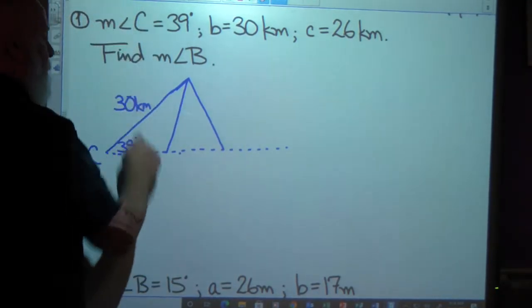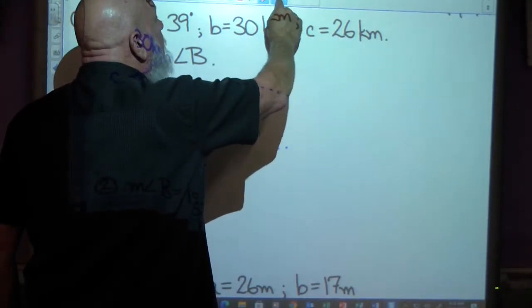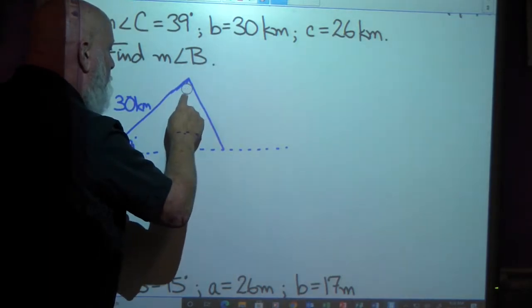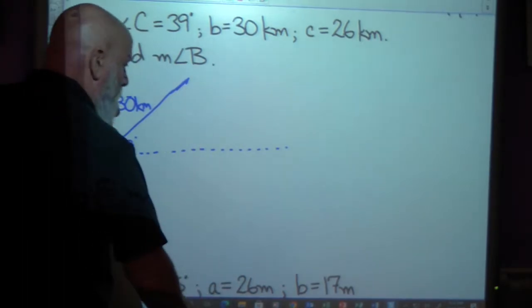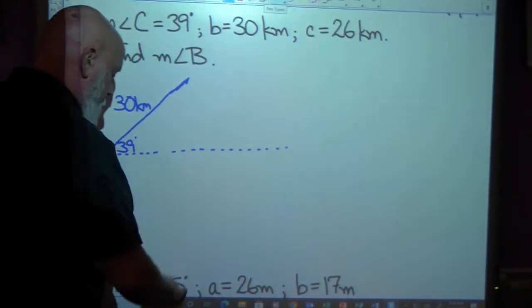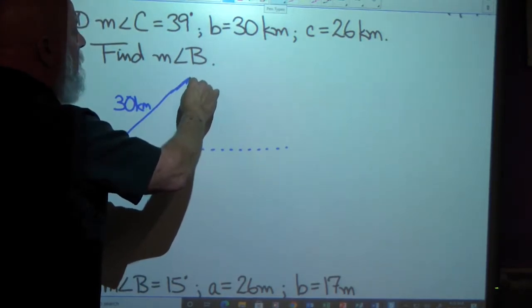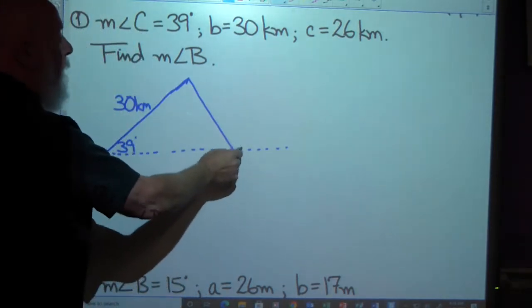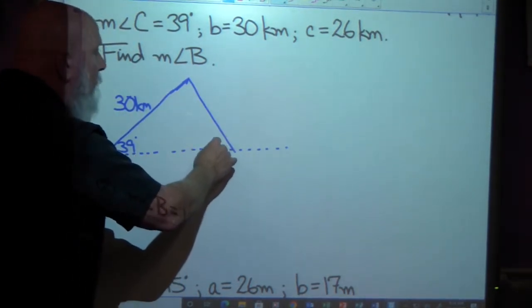So my technique to solve this is to find this angle first. I'm going to be dealing with this triangle first. I'll find this angle, which is what I'm asking.